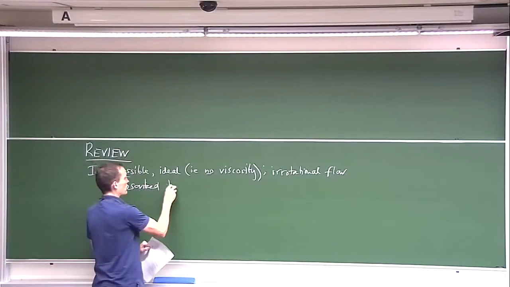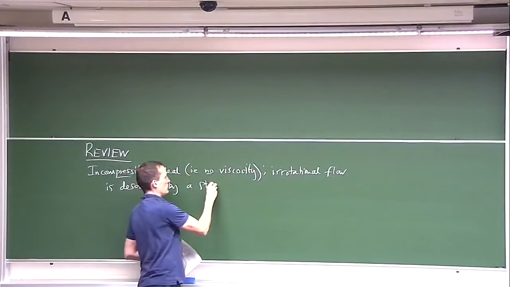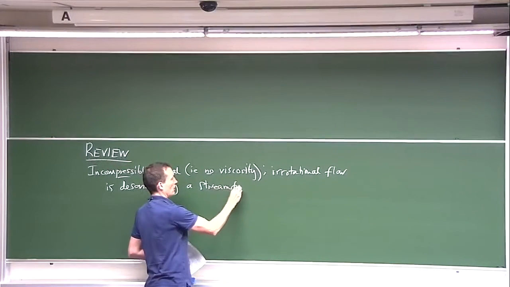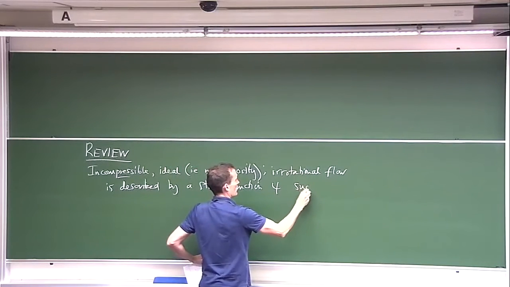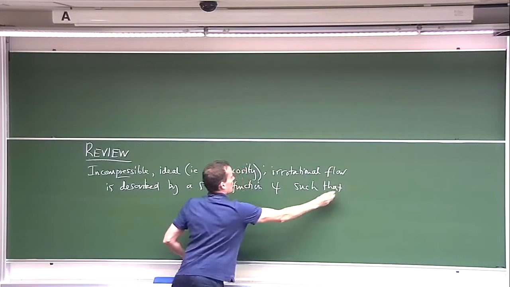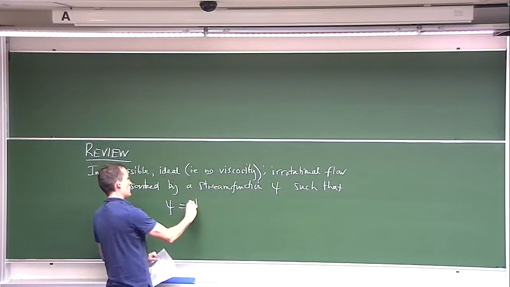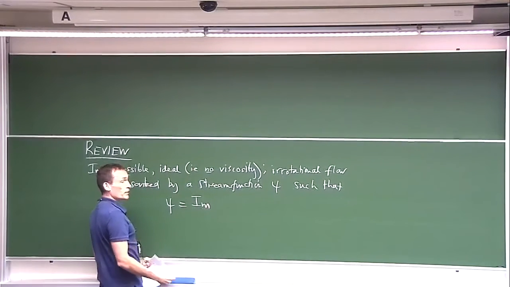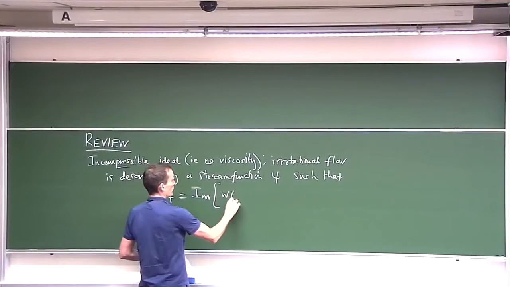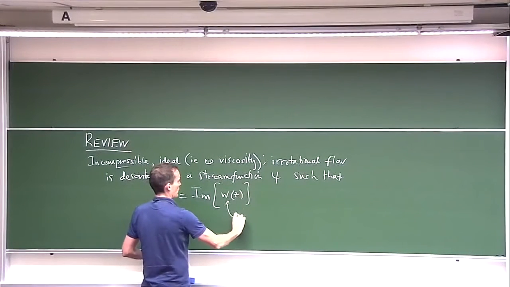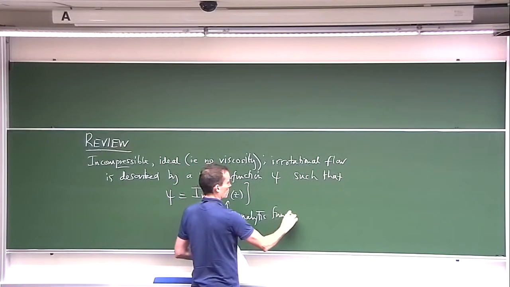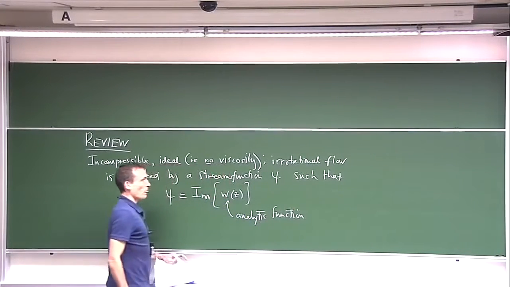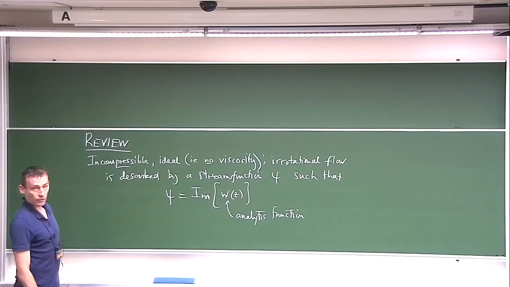It is described by a stream function, I called it psi, such that I can think of psi as the imaginary part of some analytic function. You remember how I defined an analytic function?